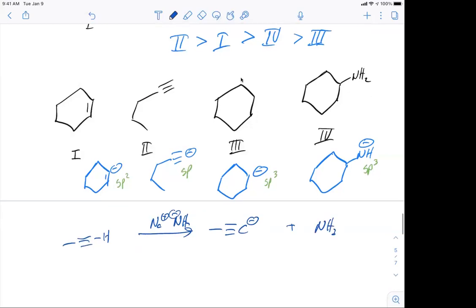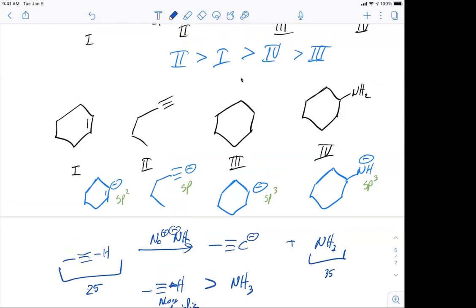Okay, and this goes forward, which means that this compound is more acidic than this one, right? Because the reaction goes forward, and we know that the pKa difference here is about 35 and about 25. Right, so we have that difference, right? So this is going to go down.